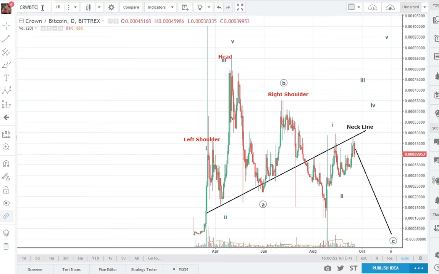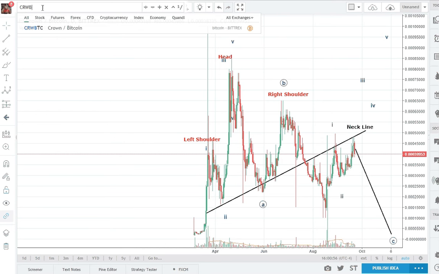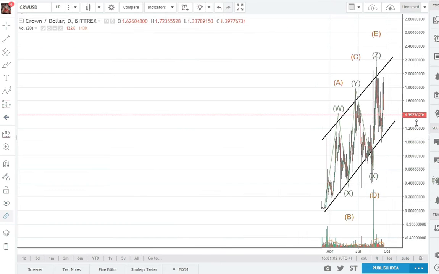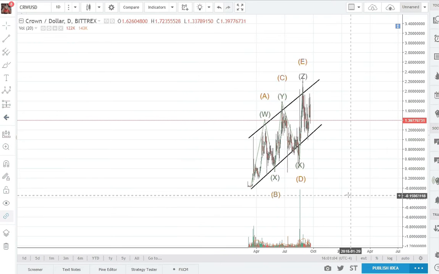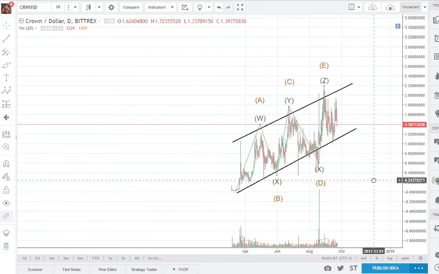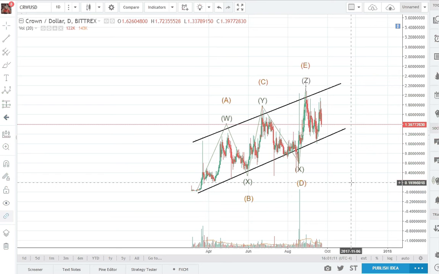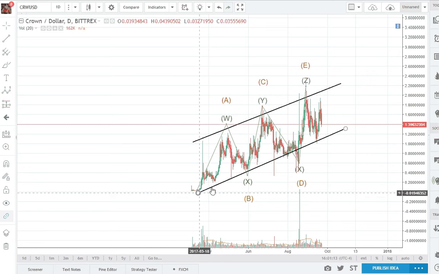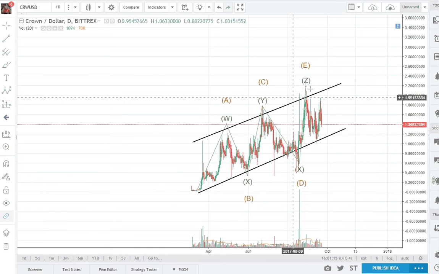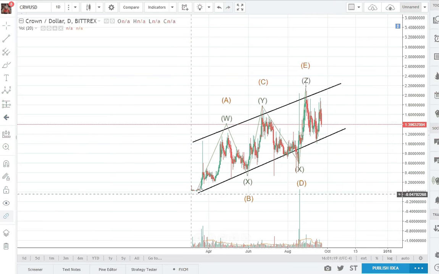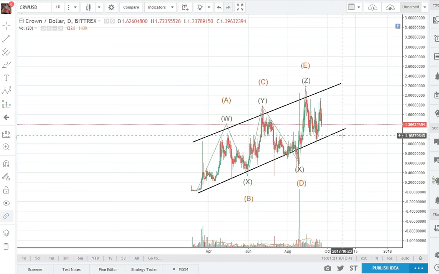So let's look at the CRW USD. Again, not too much data. It's channeling between two straight, parallel lines.